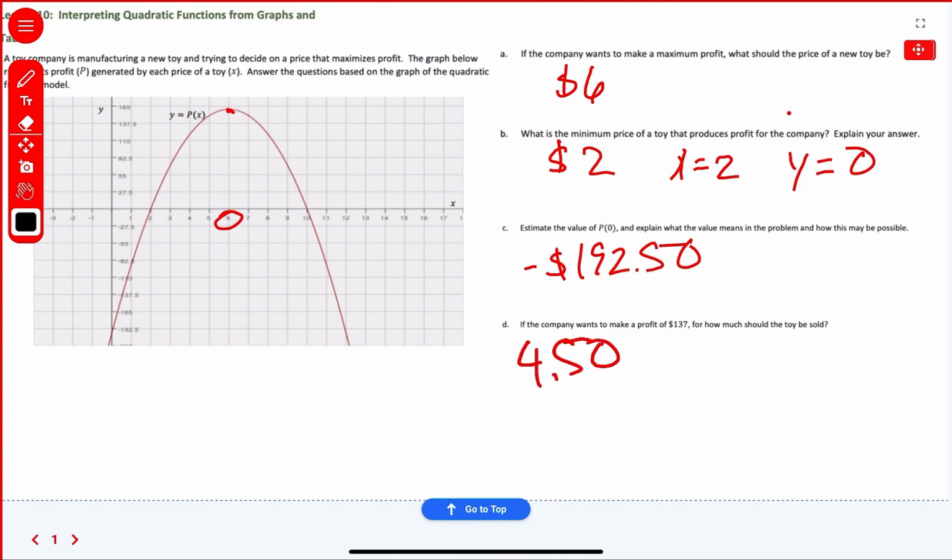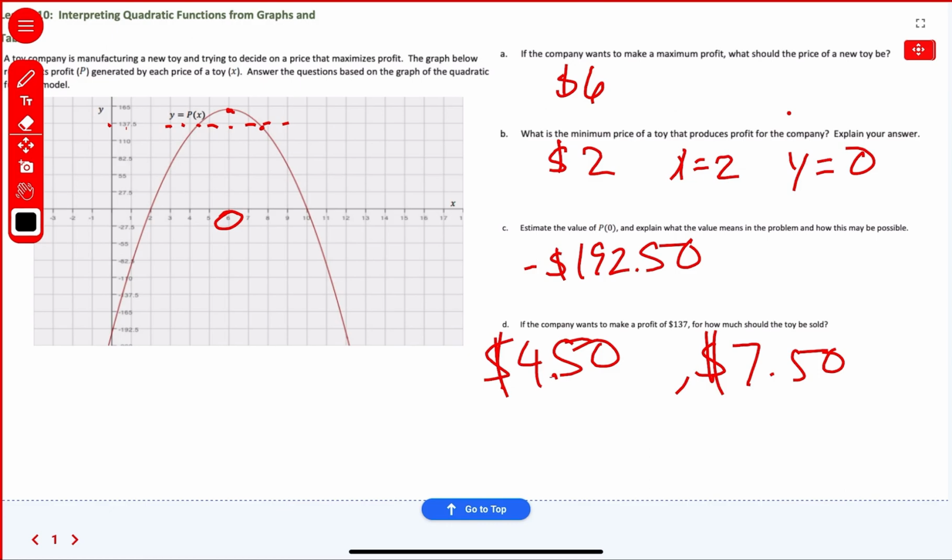Okay, $4.50, close to it. That's fine. We'll call it $5, whatever. They said $4.50, yeah. And what? Yeah, this is $135 or $137 right here. Well, it's also right here. So what did you say? 7.5? Yeah, that's what they said too. $7.50. So you could sell them for $4.50 or for $7.50. You're going to get the same amount of money.